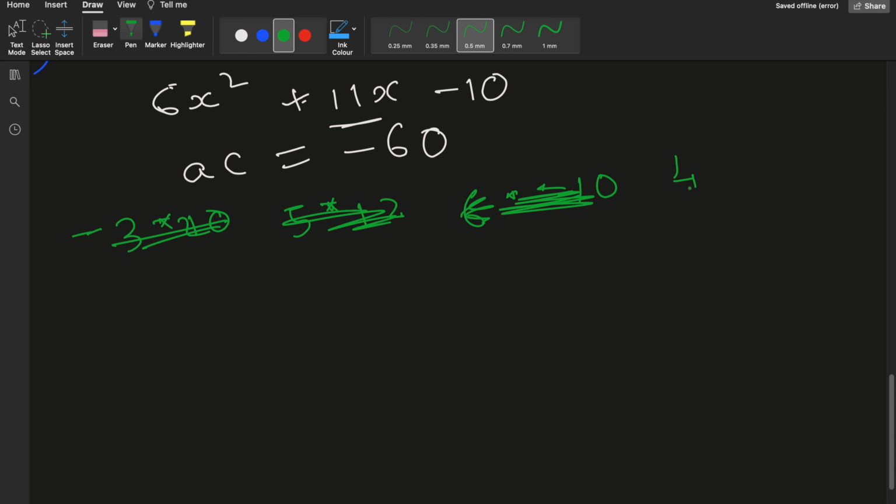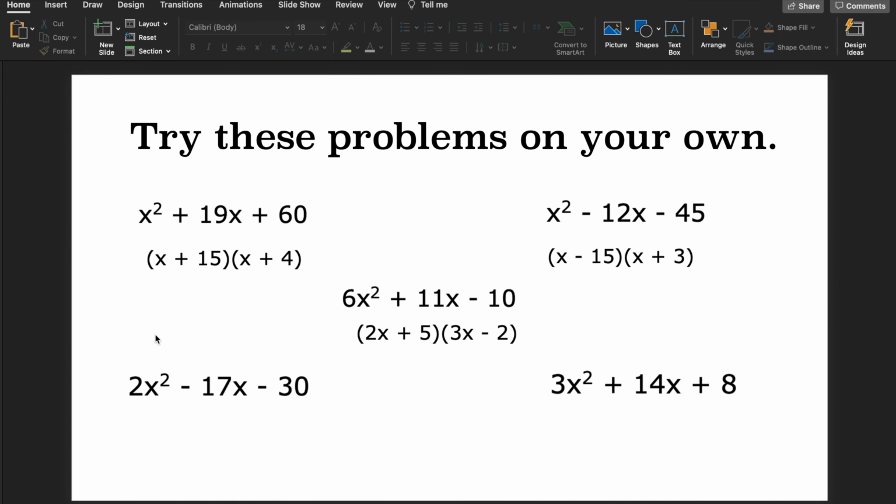Let's solve the next one. Next one is 2x squared minus 17x minus 30.